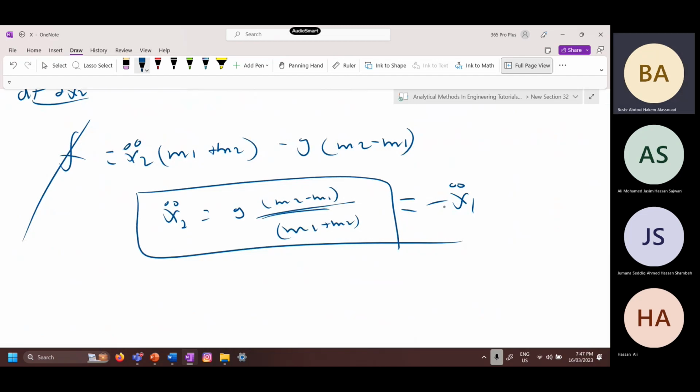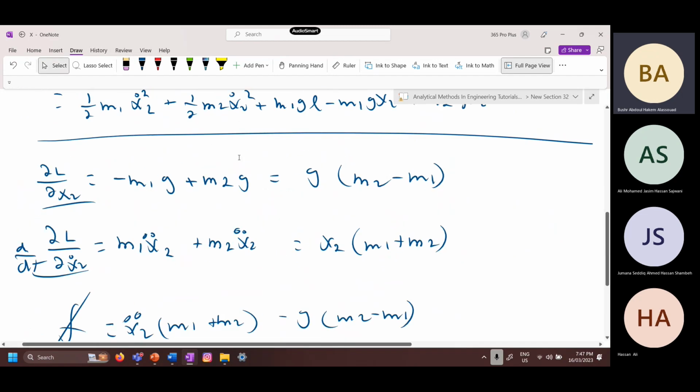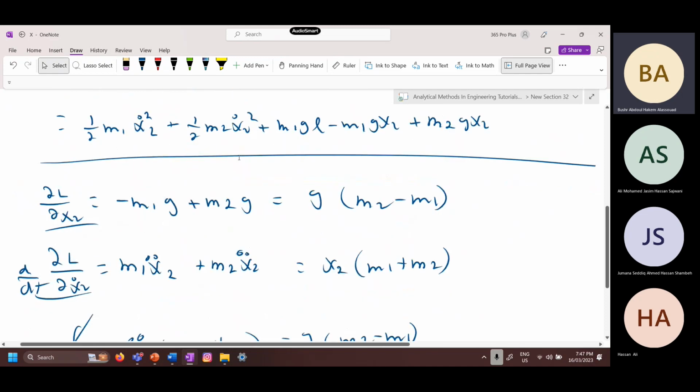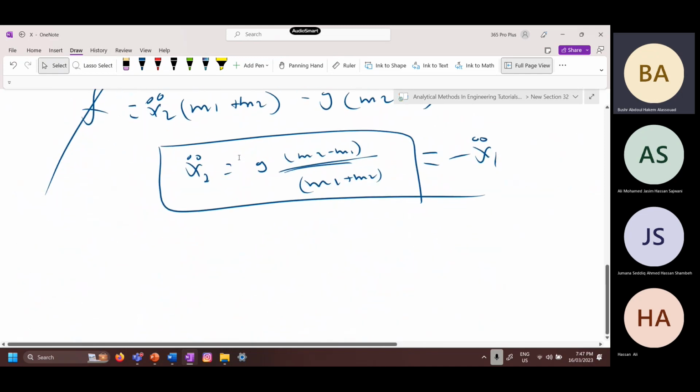To find x1, just multiply by negative 1 to get x1, or just resolve this with respect to x1. Now let's jump into the second case, or part B of the question.